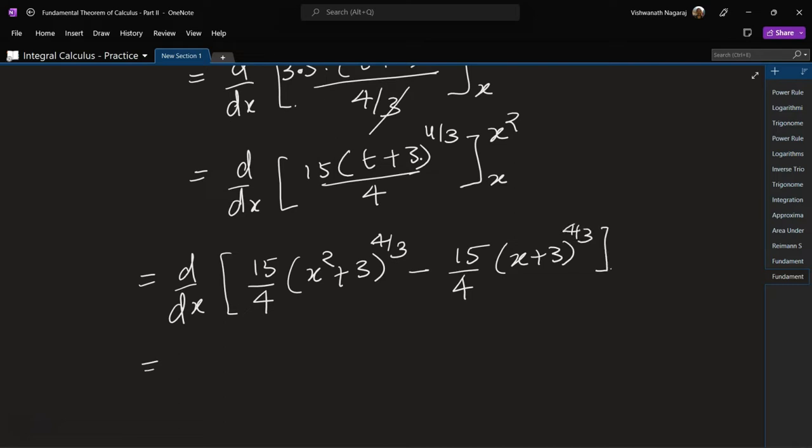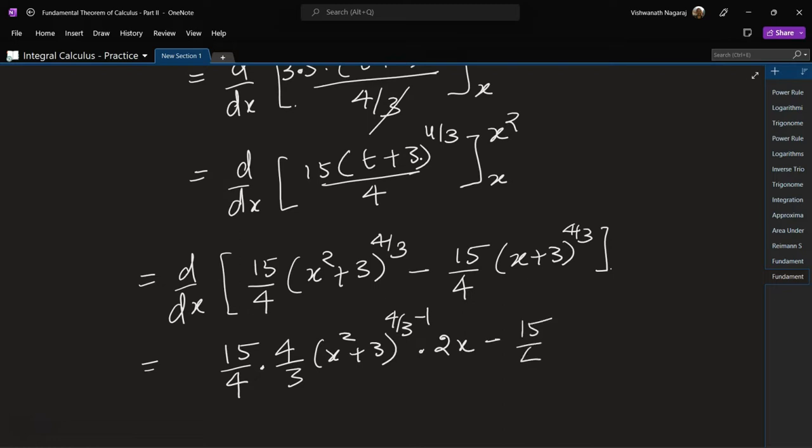Okay, so now we need to differentiate this. So let's differentiate: 15 by 4 times 4 by 3 times x square plus 3 to the power of 4 by 3 minus 1, times 2x, minus 15 by 4 times 4 by 3 times x plus 3 to the power of 4 by 3 minus 1, times 1.